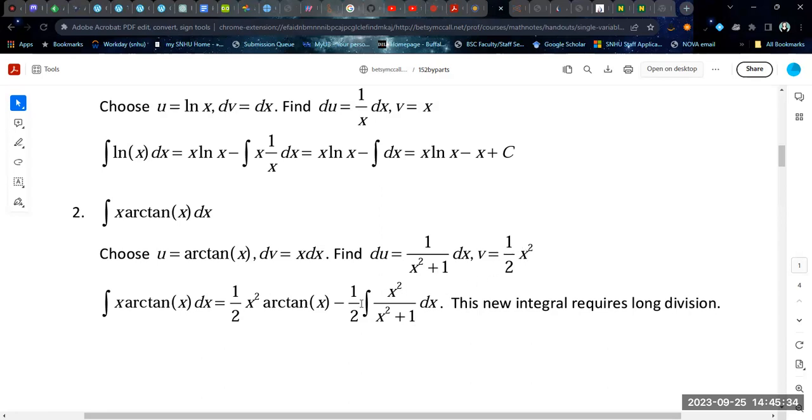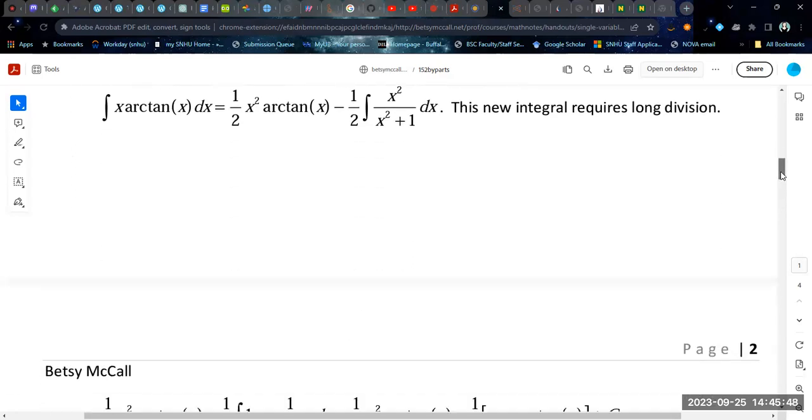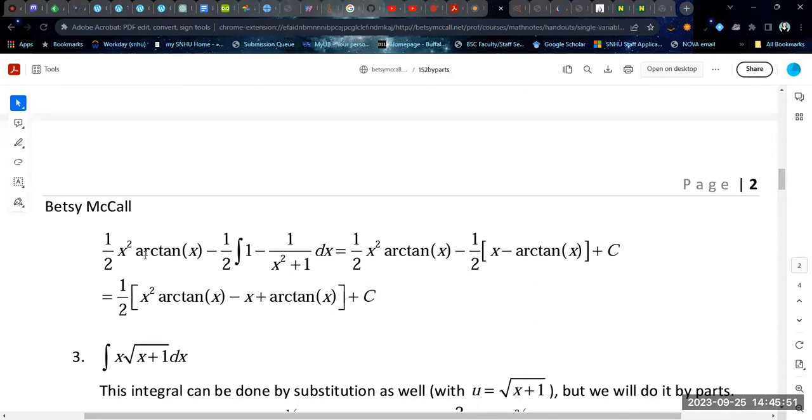So I pulled the half out because it's not going to affect the antiderivative here, but I have x squared over x squared plus 1. I can't do this as it is, so I'm going to do a little bit of long division in order to simplify this expression. And when you do the long division, you end up with 1 minus 1 over x squared plus 1.